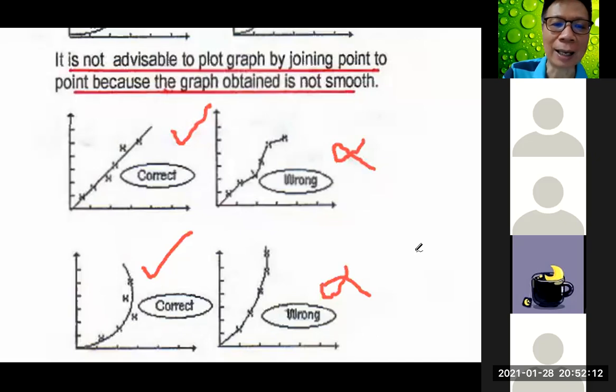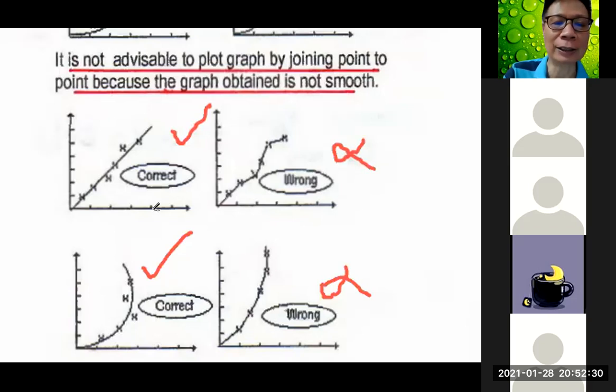As I said just now, when you join all the crosses together, you will not get a straight line or a smooth curve. That's why you only draw the best line.